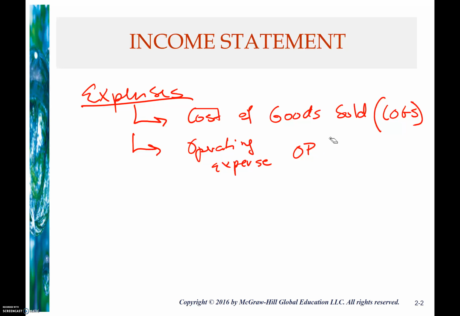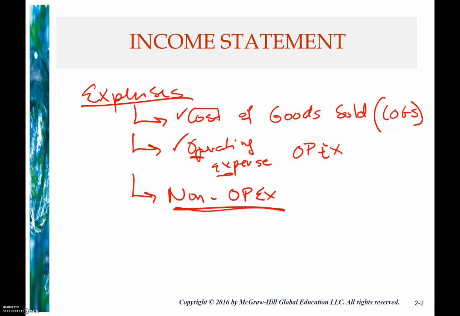So if you hear people in finance talking about OPEX, it's simply an operating expense. And the third one is your non-operating expense. Basically, anything that doesn't fall into your cost of goods sold or your operating expense will be in your non-operating expense category. Let's talk about each of them more in depth.